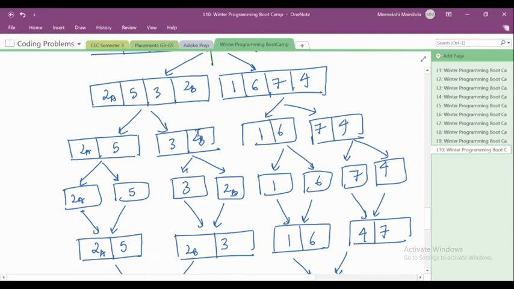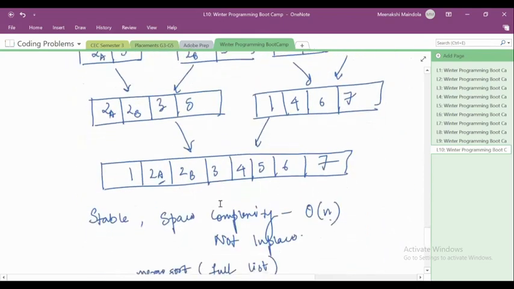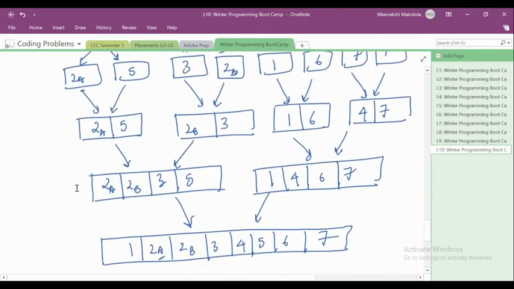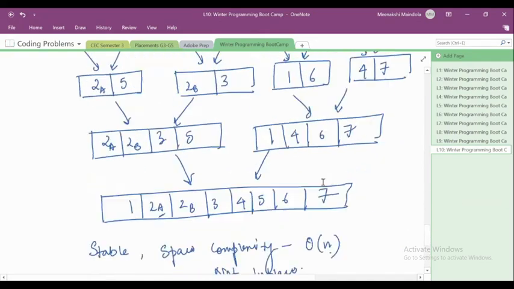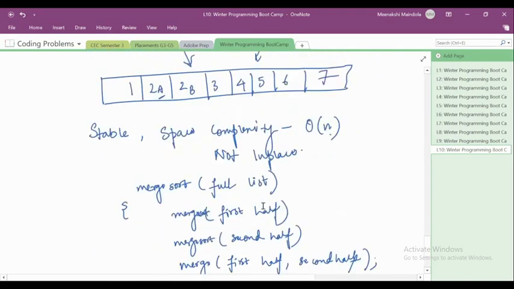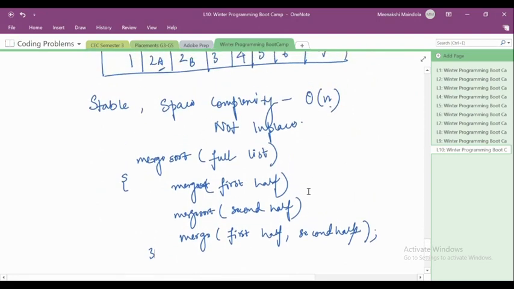Again it is divided into two halves, first half and second half. Similarly you go on up till no further division is possible, and finally when you've done that you call merge of the first half and the second half and simply give the output, right? So this is the approach behind merge sort, and you know already that the time complexity for merge sort algorithm is n log n.